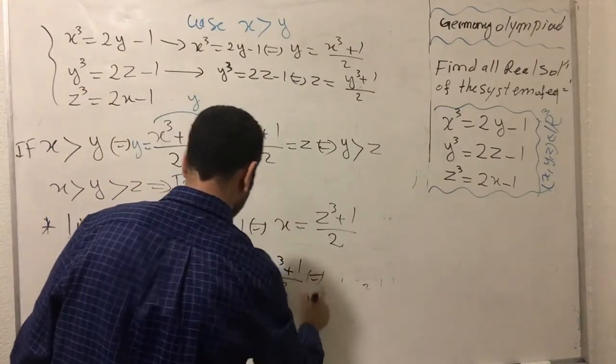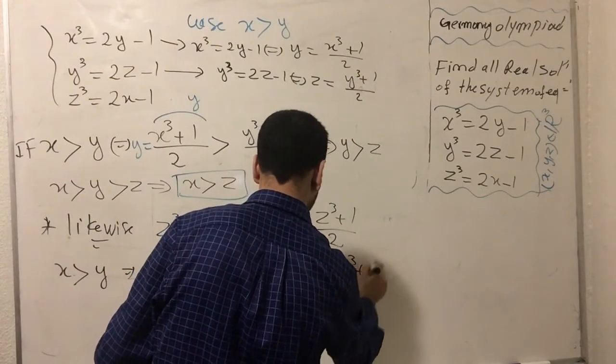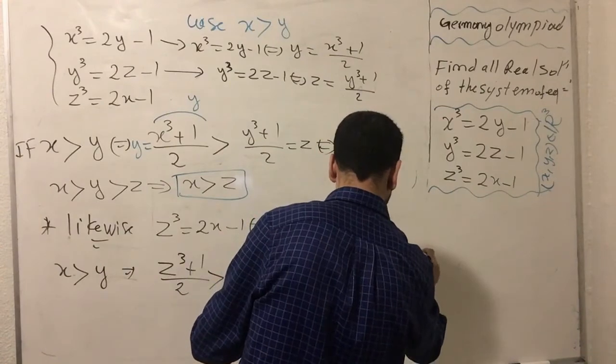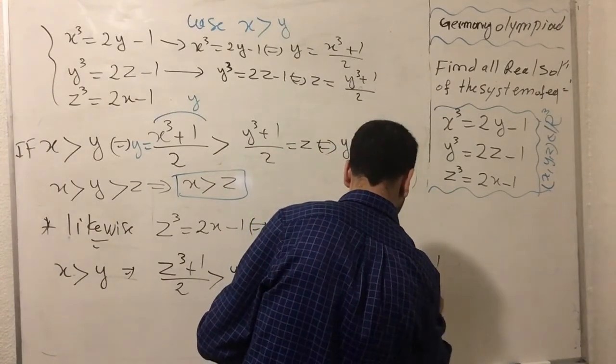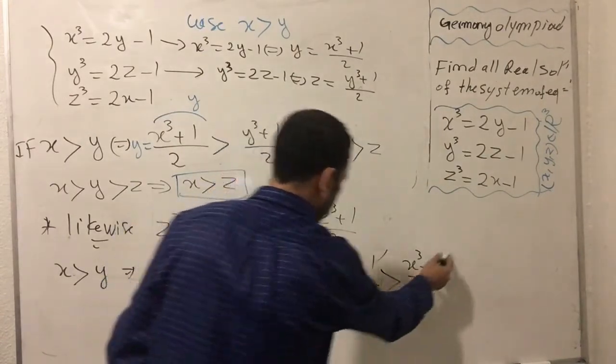What I'm going to do now, we have z cubed plus 1 over 2 is greater than x cubed plus 1 over 2. I'm going to simplify number 2 on both sides and number 1 on both sides.